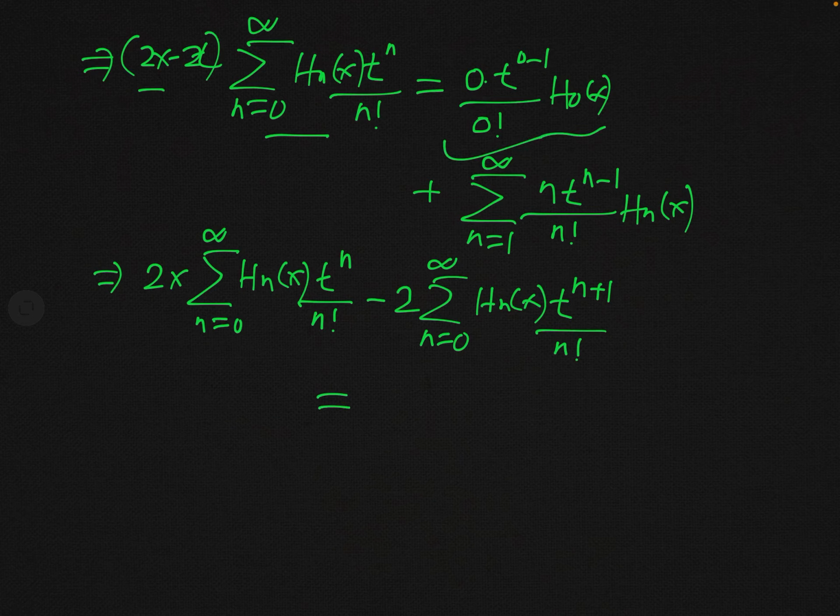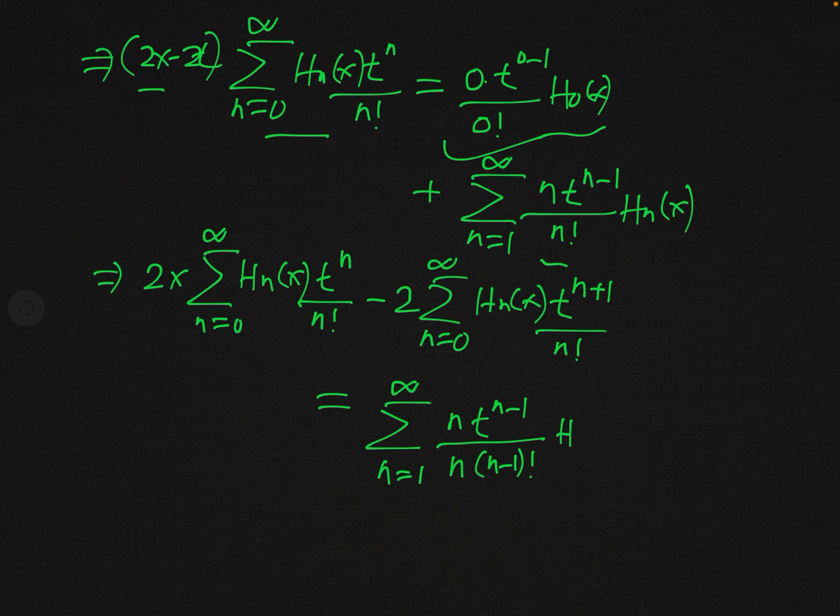And in RHS you can see this first term vanishes because we have multiplied here by 0. So the first term is 0, and only the second term remains non-zero here. So this will be summation n 1 to infinity, and this is n t raised to the power n minus 1 over n factorial hn of x. Now n factorial can be written as n times n minus 1 factorial.